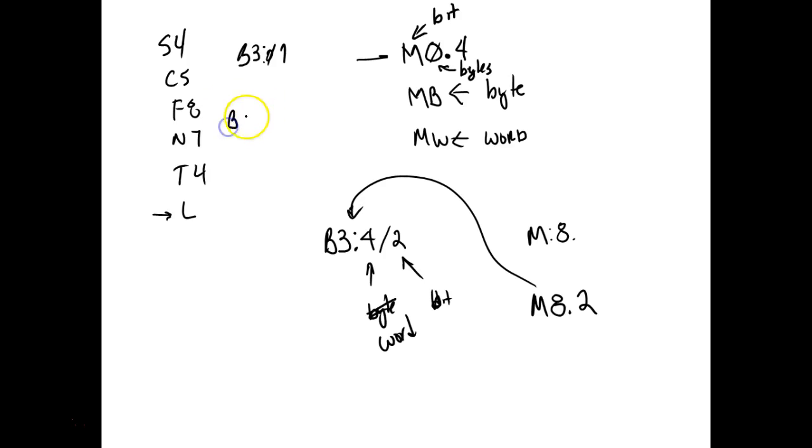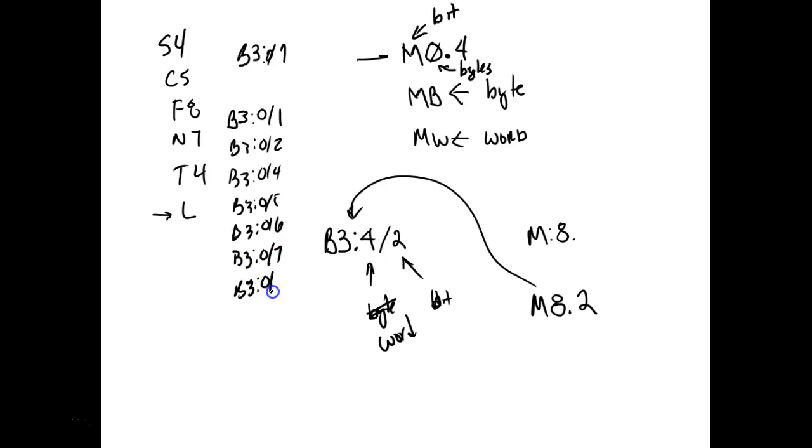So they'll have B3 0/1, B3 0/2, B3 0/4, B3 0/5, B3 0/6, B3 0/7, B3 0/8, and I keep going, B3 0/9. Now we're going to convert this over. I'd start with B3 0/0 as M0, dot 0. Everybody okay there? Okay.